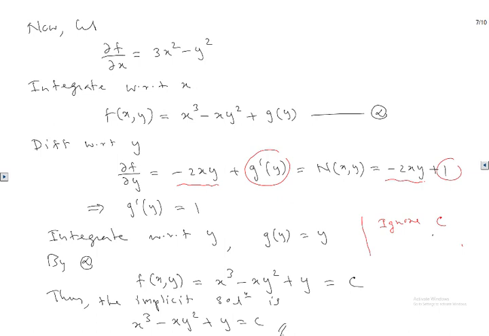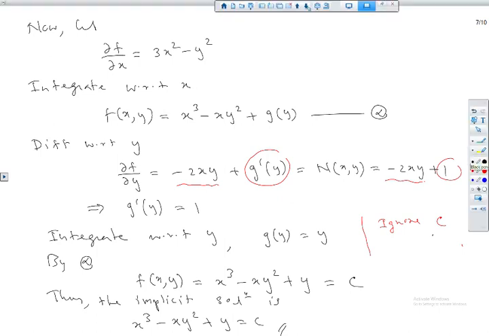Okay, so I want to give you some important notes here, and you have to write the last part as the final answer. Don't just leave f(x,y) equal x³ minus xy² plus y as the solution. That's not the solution. You have to set that equal to a constant. That's the function you are looking for. So let's make those notes.